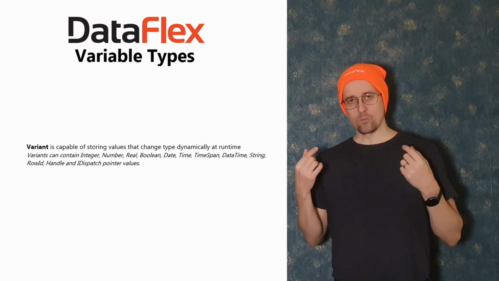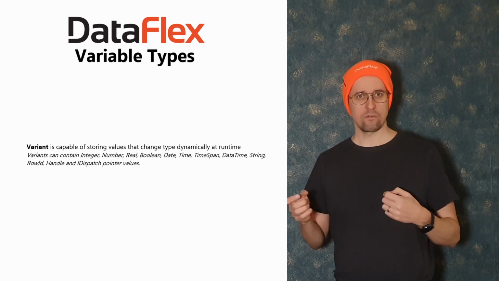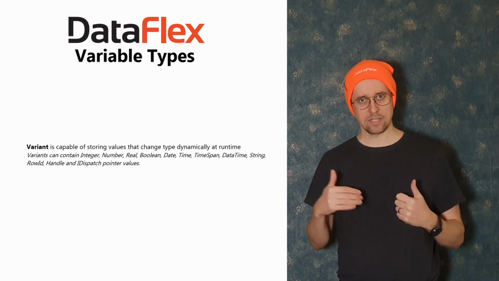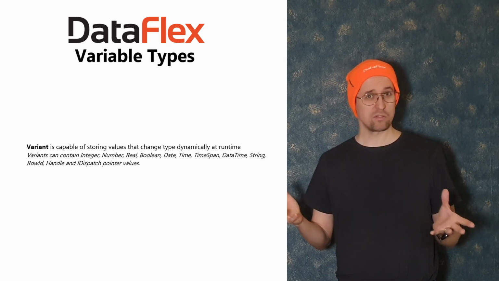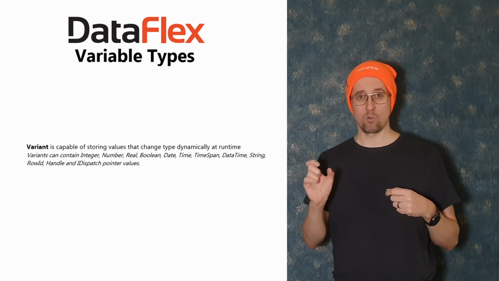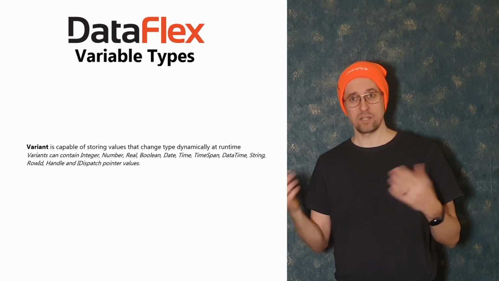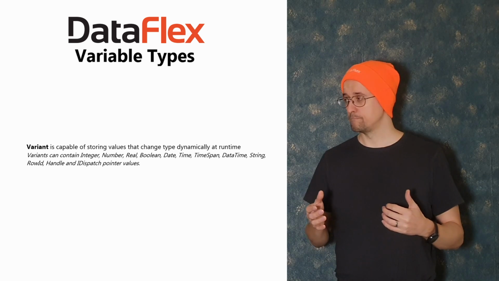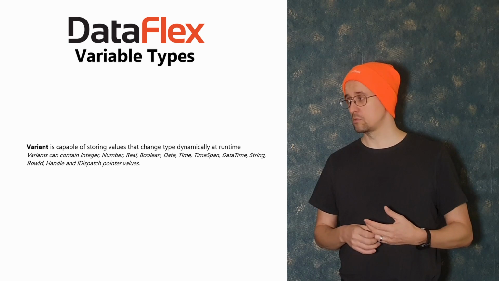The reason you might want a variant is because you might read some data from an external source and you're not sure what type that data is. So in that case, me personally, I would probably use a string and then do my own evaluation on that string to see if it might be a date or a digit of some sort or number. But you can use the variant as well to receive those values.